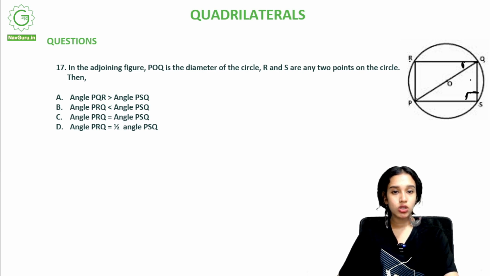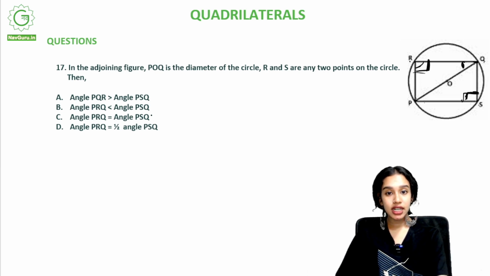Is it right? No, it's wrong. Angle PRQ is less than angle PSQ. Is it right? It's not, we can't say that. Now, angle PRQ is equal to angle PSQ. Now, this and this are equal. Is it right? Yes, this is the right answer for the question.